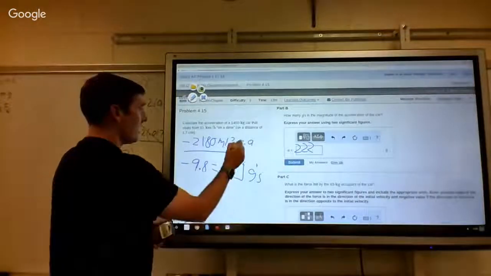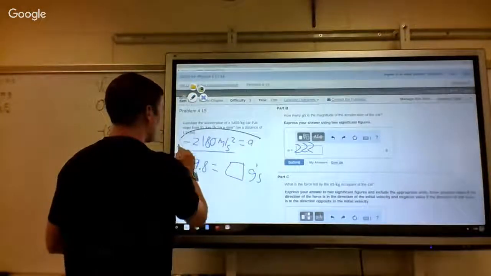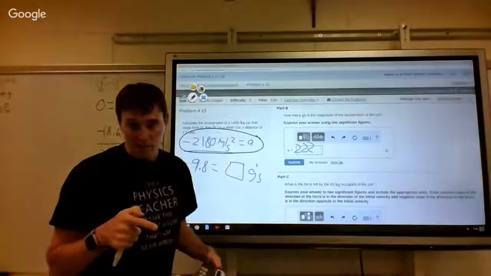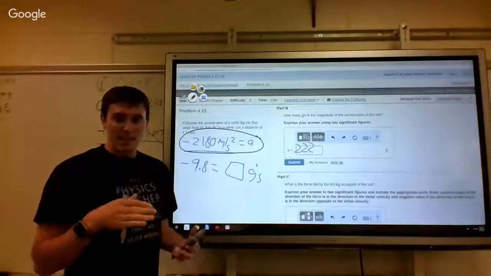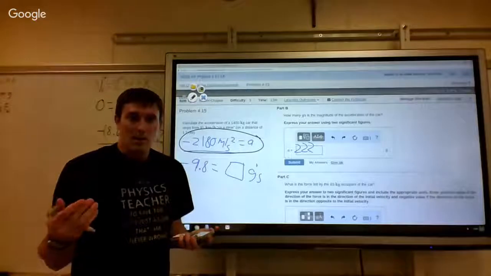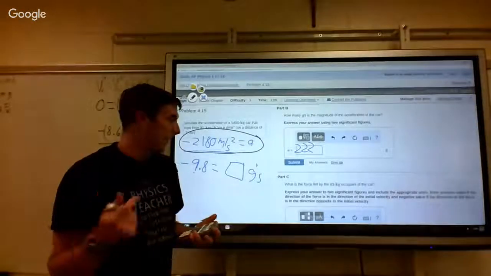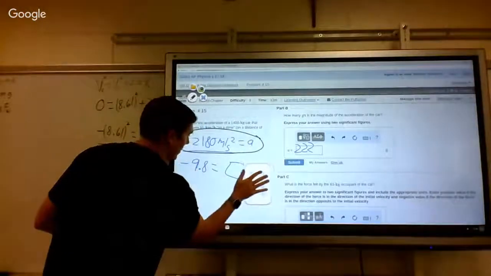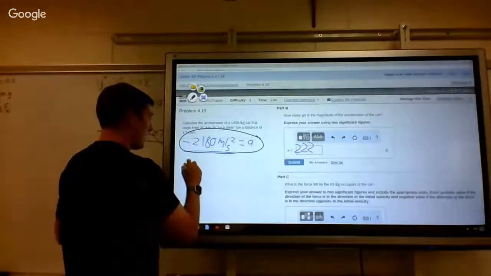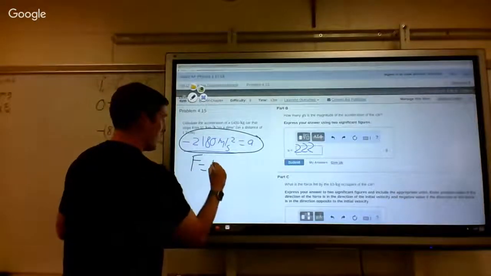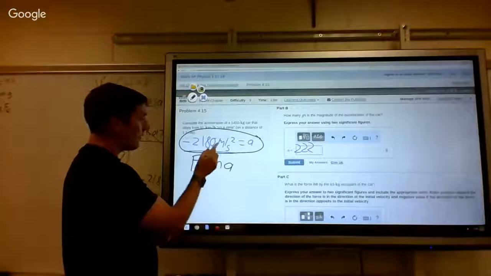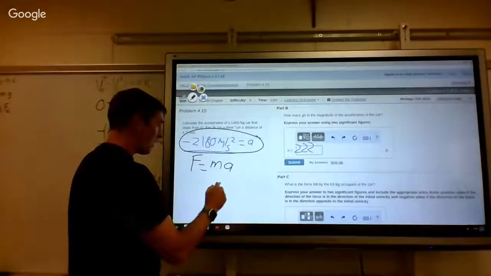So we have this acceleration right here on the person. And now we're going to the easy math, which is Newton's second law, F equals ma. So we get rid of that, and we have F equals ma. We have the acceleration from part A, so we have that.